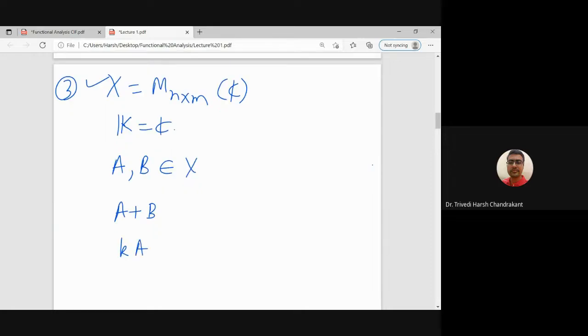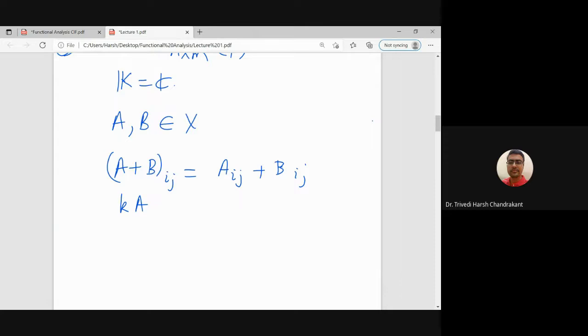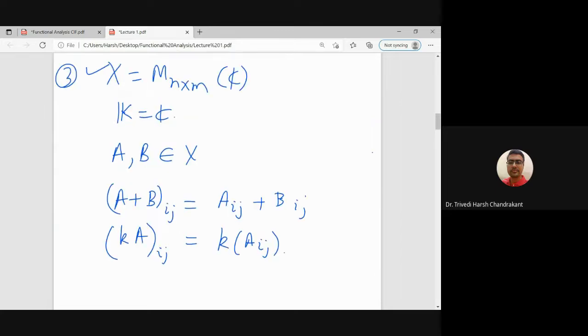A plus B is the matrix whose ij-th entry is the ij-th entry of A plus the ij-th entry of B. This is the way we define matrix addition. Similarly, matrix scalar multiplication is defined as alpha times a_ij. So these are the addition and scalar multiplication in matrices.